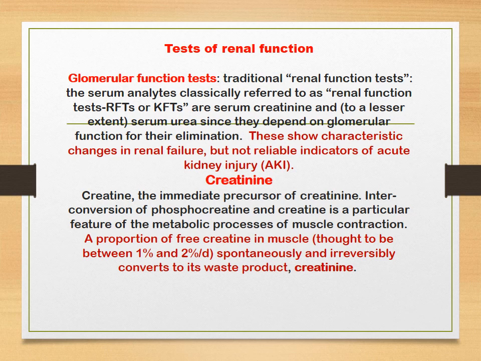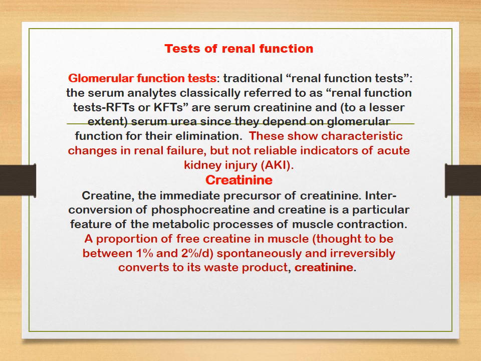Creatinine is the end product of creatine. Creatine is synthesized in the liver and other tissues, and stored in the muscle as creatine phosphate, as a source of immediate energy when there is need. When there is need of energy, creatine phosphate is converted into creatine with formation of ATP.